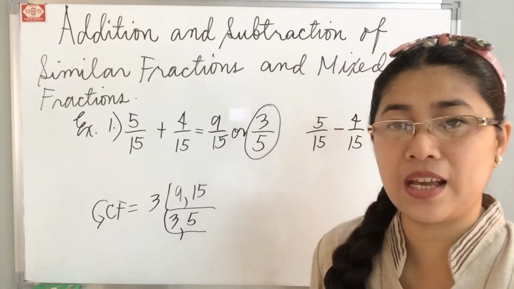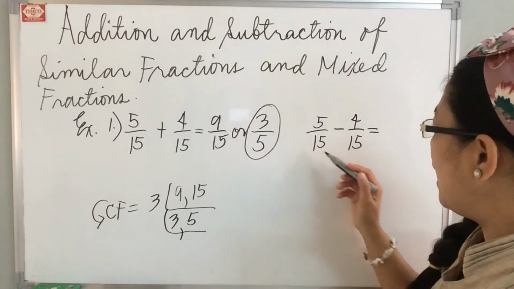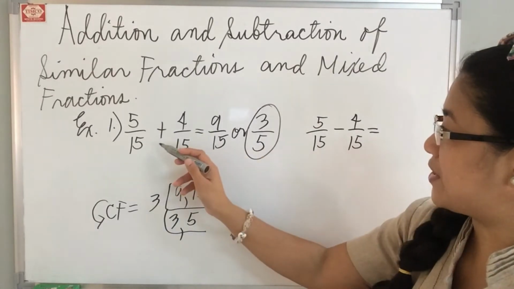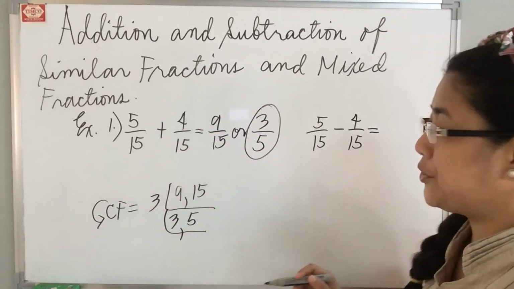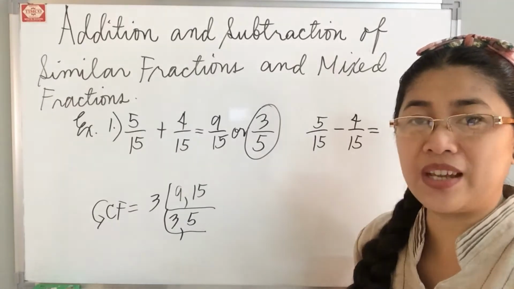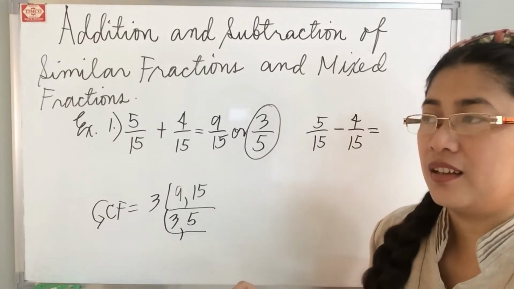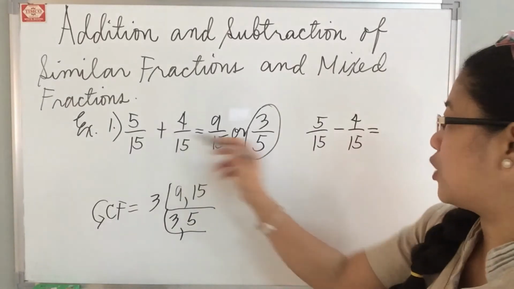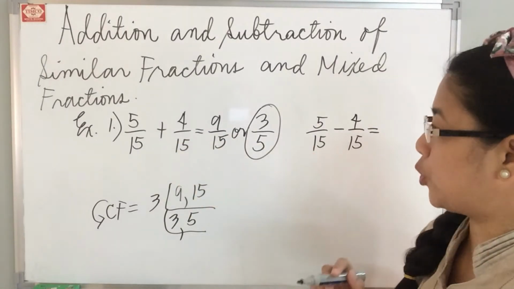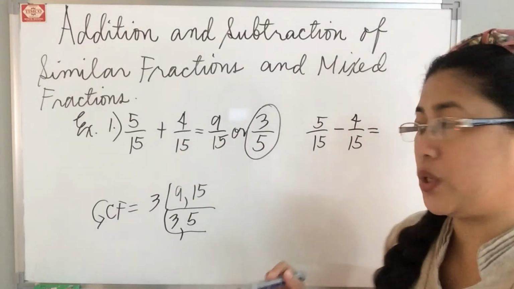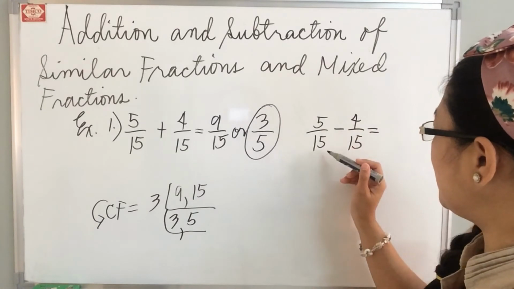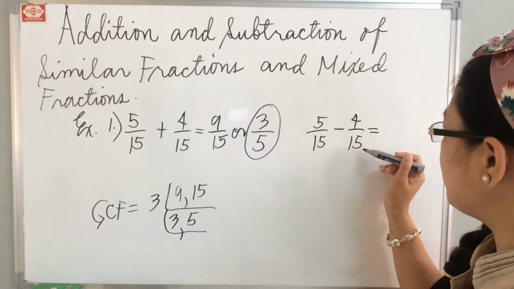Okay, now let's have subtraction. I'll be using the same numbers just like in the addition for you to be able to understand well. The difference is just the operation, but the rule is the same. So let's have 5/15 minus 4/15.